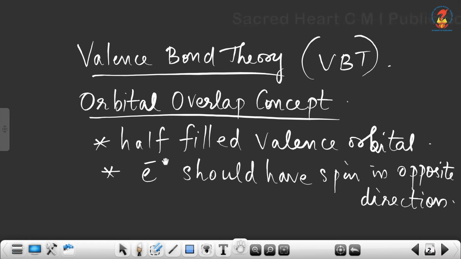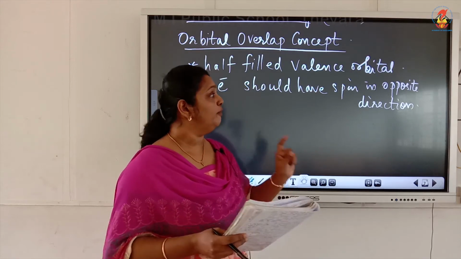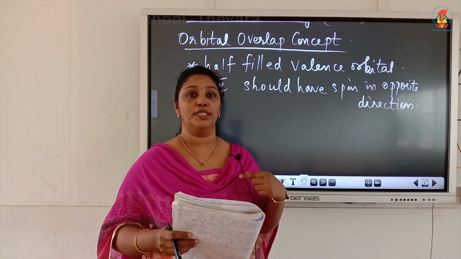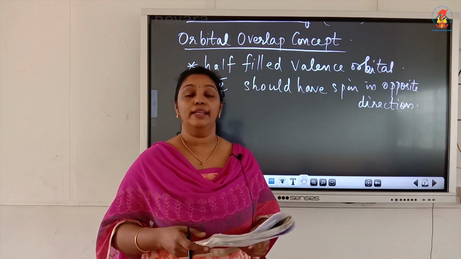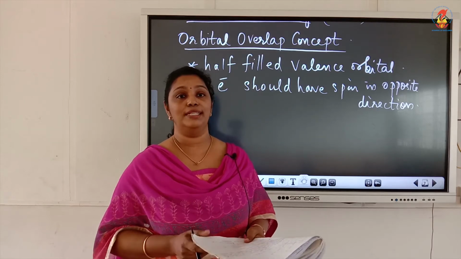So these are the two important points under orbital overlap concept. According to this concept, a covalent bond is formed when a half-filled valence orbital of one atom overlaps with a half-filled valence orbital of the other atom, and the electrons involved in bond formation should have their spin in opposite direction.